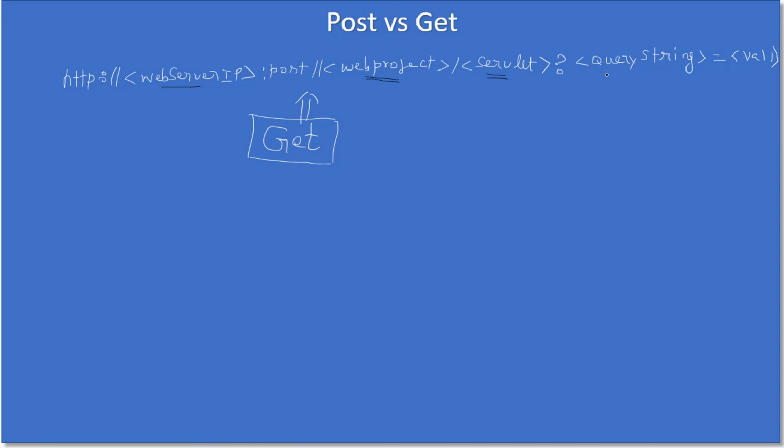Then, as part of a get method, you can see the query string. There will be a question mark, and after that what you see here, in the old style people call it a query string. In Java, they call this URL parameters.